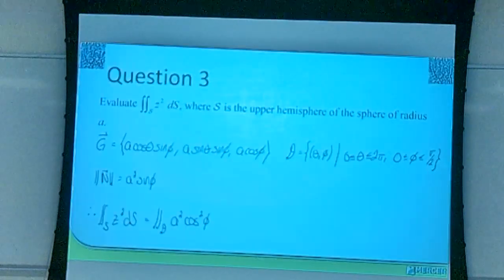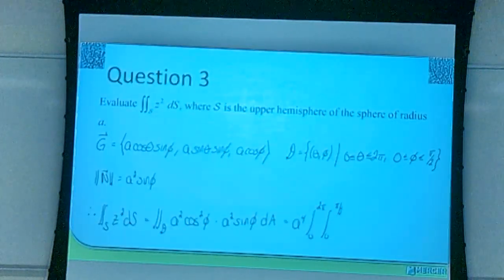Z squared along the surface is a squared cosine squared phi. dS is a squared sine phi dA. A is a constant, a squared times a squared, a to the fourth, factor it out. This is what we're left with.